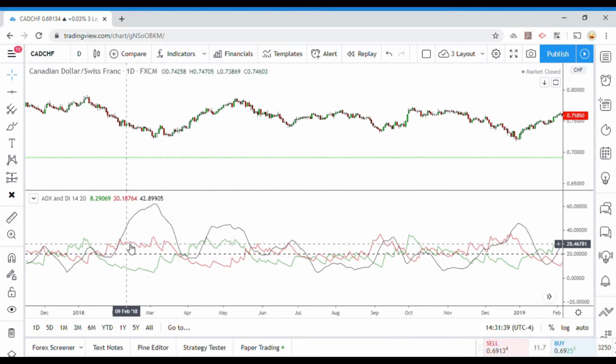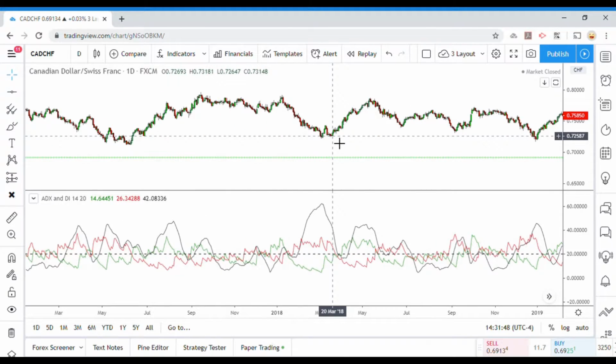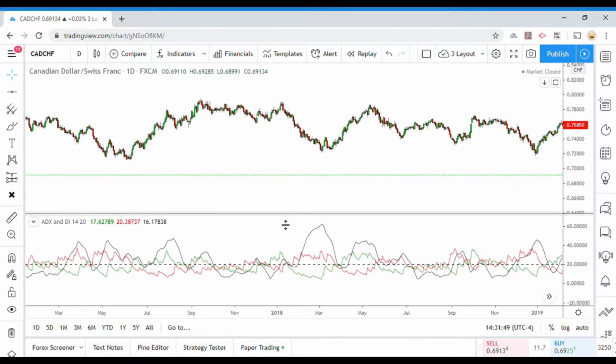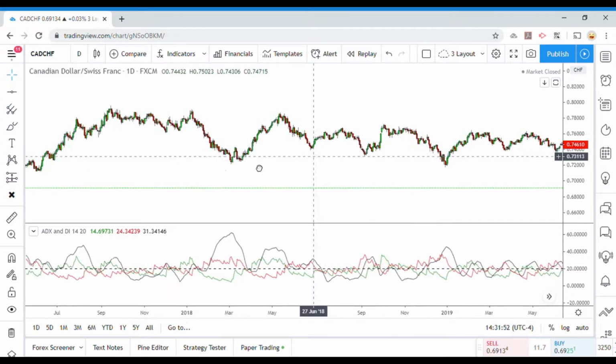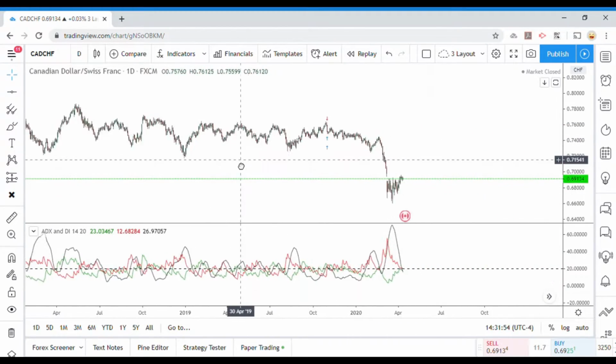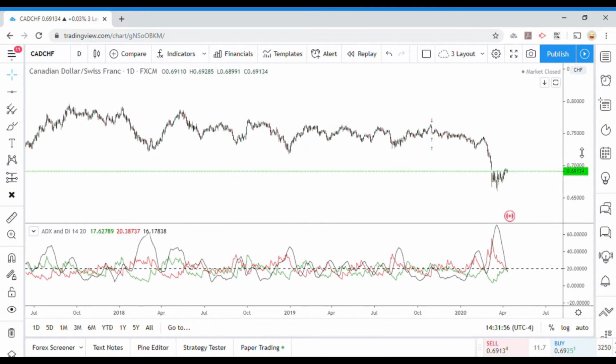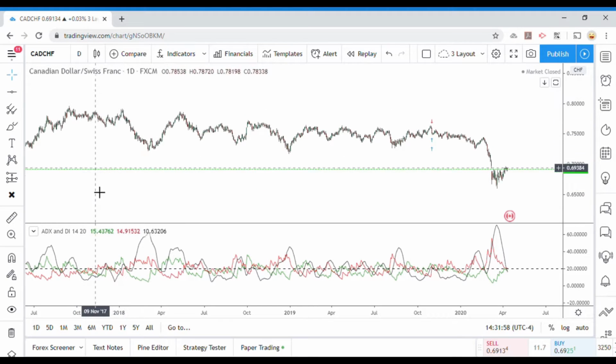But when the green line is above the red line and the black signal line is above the 20, that is a signal to go long. So, without further ado, we will get into testing the ADX.